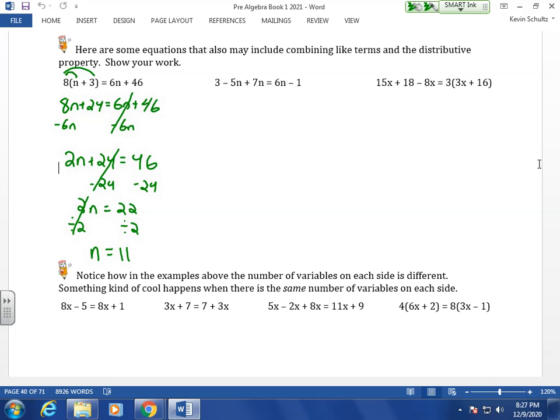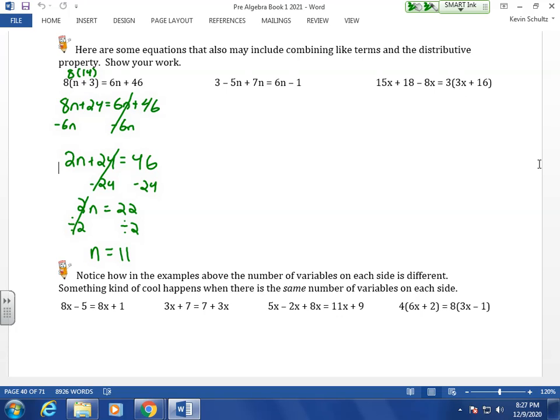N equals 11. Okay? Very important, actually, that you check these answers, especially with these more complicated equations. It takes a little bit longer, right? But it's worth it. Okay? It can be the difference of whether you get the question right or wrong on a test. So let's just do this quickly here. If I plug 11 in for n, I essentially get 8 times 14, right? 11 plus 3 is 14, and I'm multiplying that by 8.